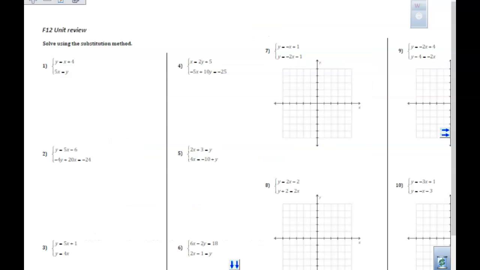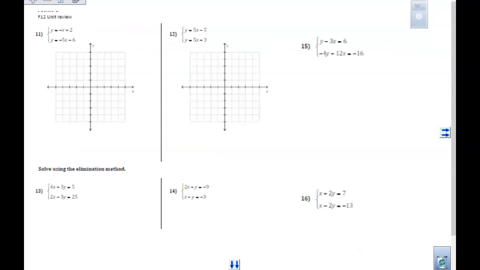I would like you in your workbook to turn right now to page 41. So tomorrow, you will put this packet in right at page 41. And on 41, the first page says solve with substitution. Out of these 6 problems, you can pick any 4 you would like, but you need to have 4 done in this section. You are going to notice that on the next page there are a total of 6 graphs.